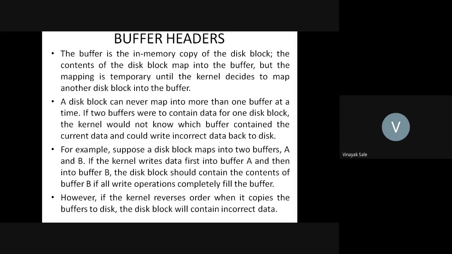For example, suppose a disk block maps into two buffers, buffer A and buffer B. If the kernel writes data into buffer A, then into buffer B, the disk block should contain the contents of buffer B if all write operations completely fill the buffer. However, the kernel may reverse the order when it copies the buffers to the disk. The disk block will contain incorrect data.